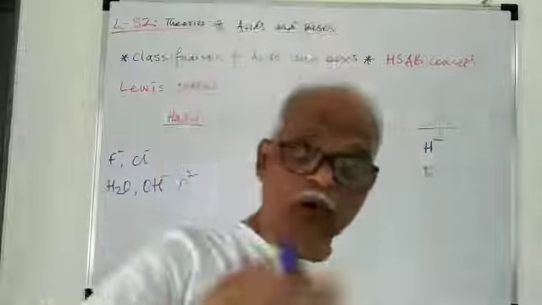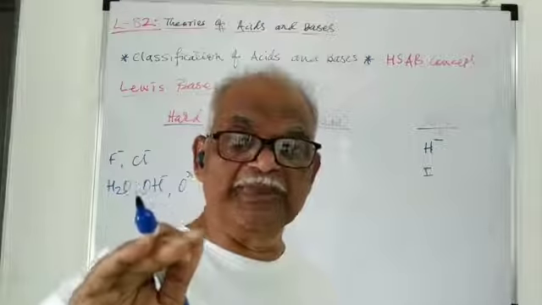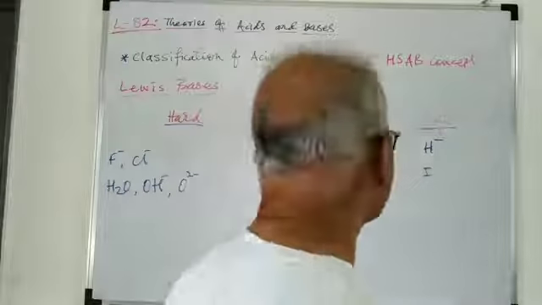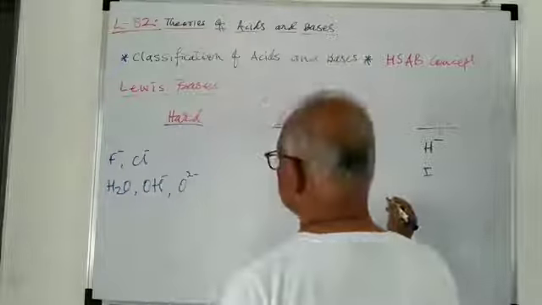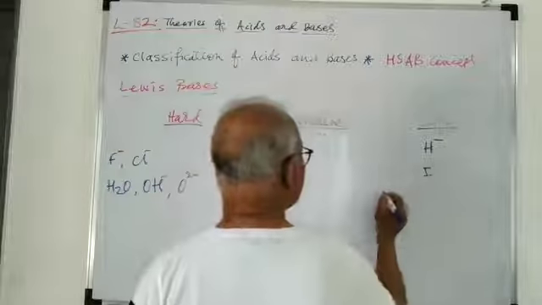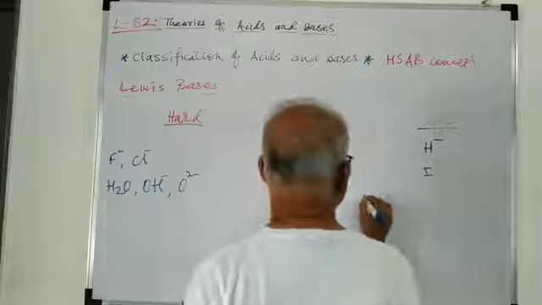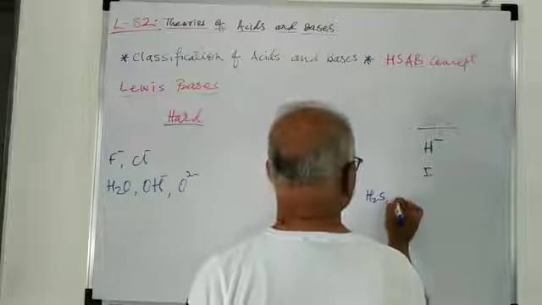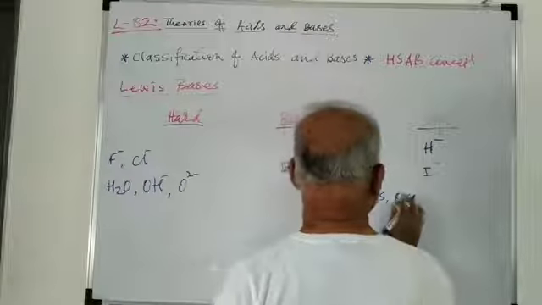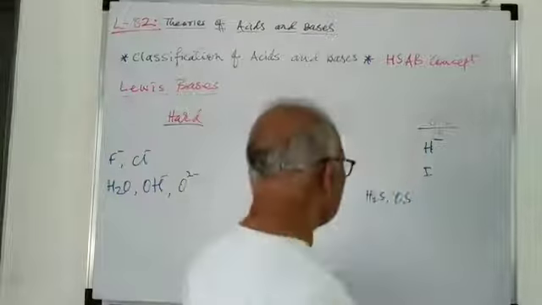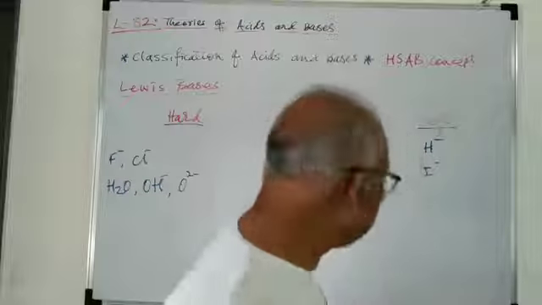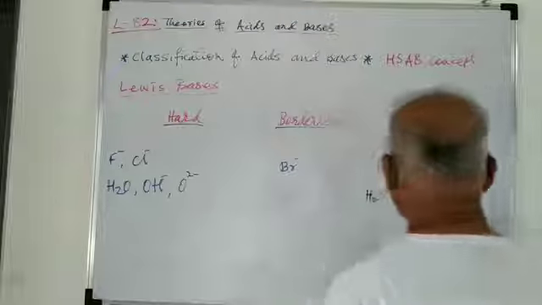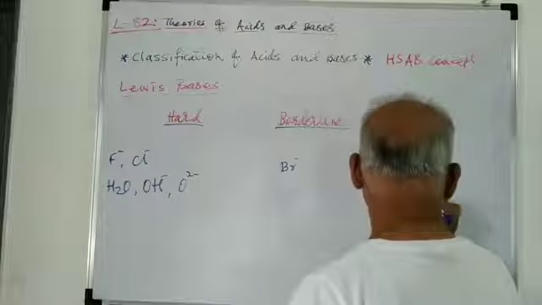Then below oxygen in the periodic table, in the oxygen family, next is sulfur. That is placed in the soft category: H2S, then HS minus, then S2 minus.